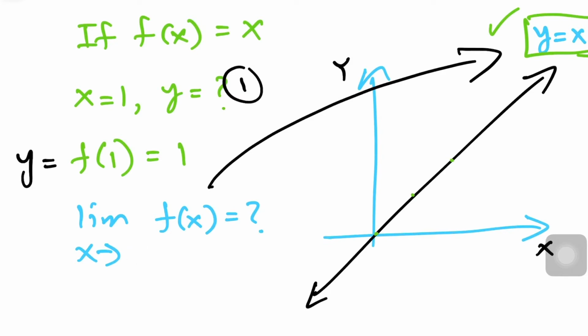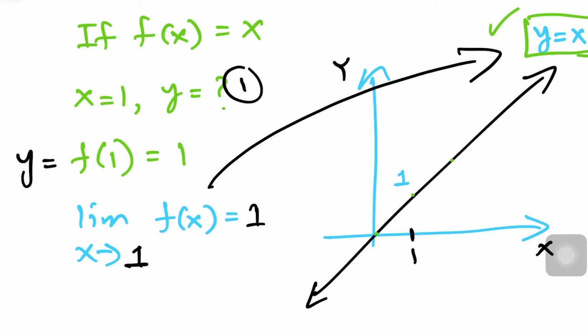Okay, and let's say my x is approaching some number, we can call it 1. So what do you think the answer is going to be? The answer is going to be 1, isn't it? Okay. So if x is 1, the y value will also be equal to 1, right?